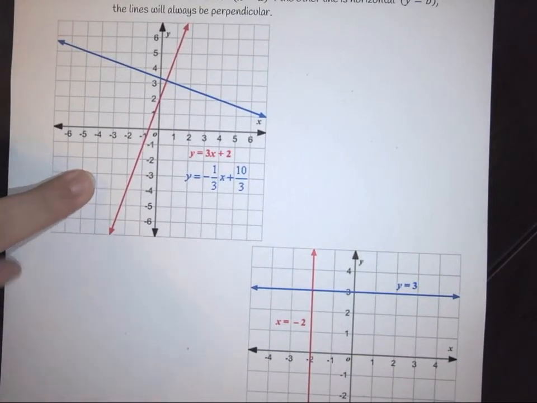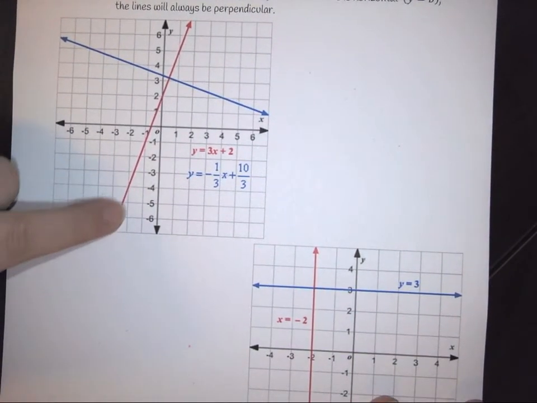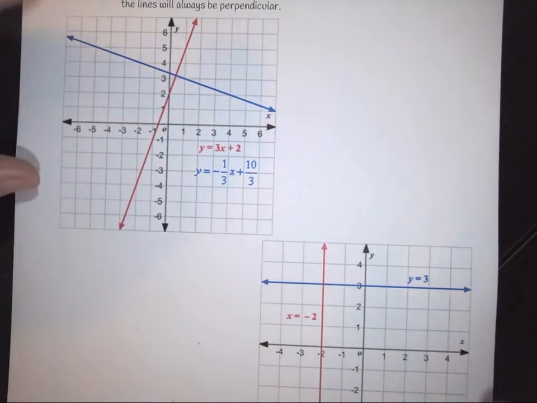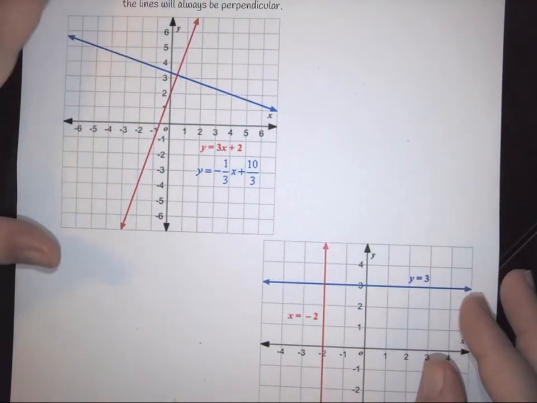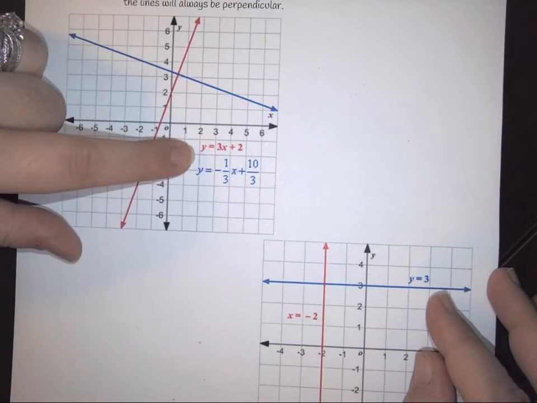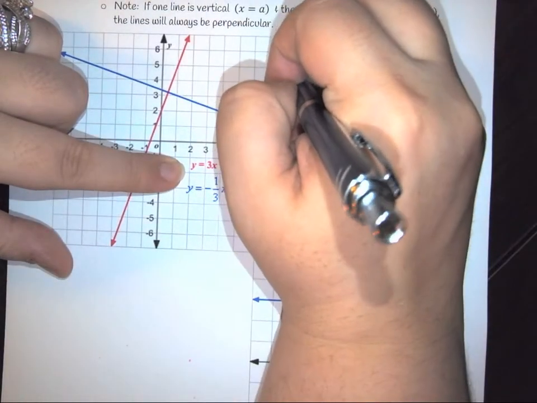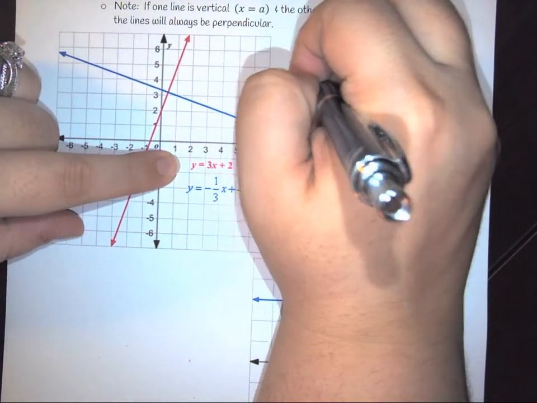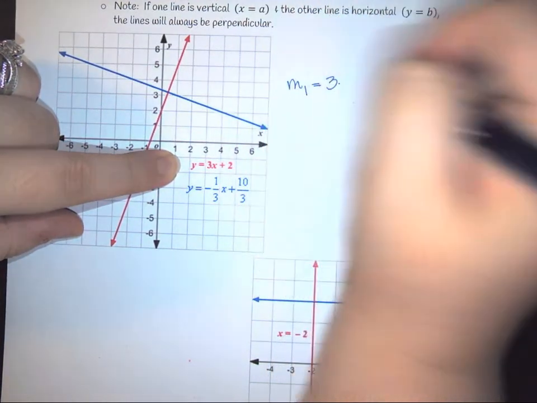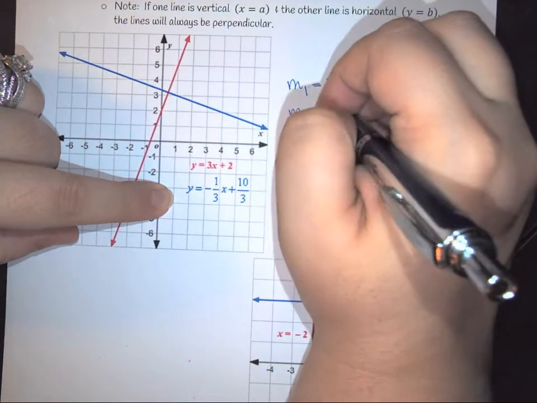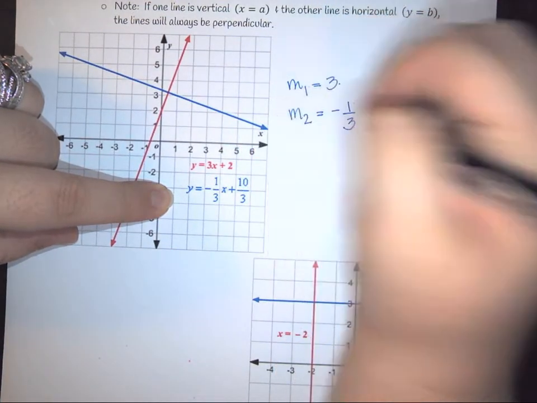If we look at this first example, notice again I have this red line and this blue line, and when you look at them they appear to be perpendicular. To test it, we have to look at the slopes. My first slope here would be 3, and my second slope would be negative 1/3.